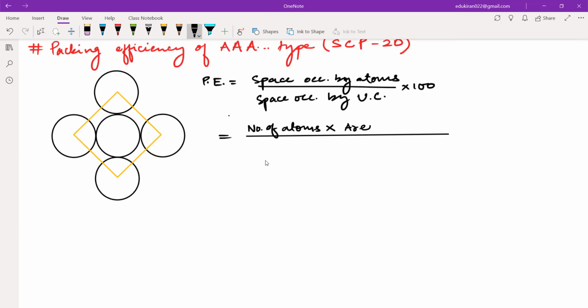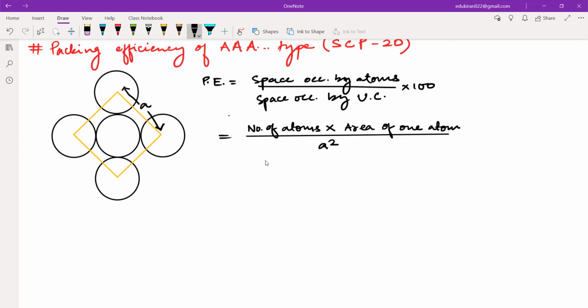So into area of one atom divided by space occupied by unit cell. So we know that this edge length is A, and since it is a square, the area of unit cell will be equal to A square, right? So I can directly write here A square.